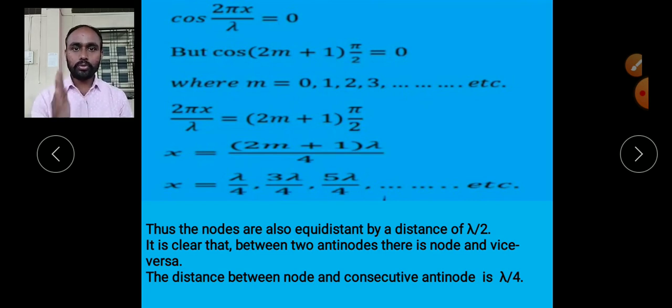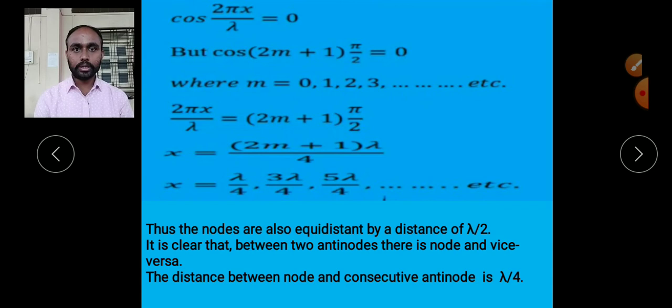And if we talk about the distance between one node and the consecutive antinode, it is lambda by 4. Between any two nodes or antinodes it is lambda by 2, but between one node and the next antinode it is lambda by 4. So this is what we have seen, the changes with respect to position in two conditions.